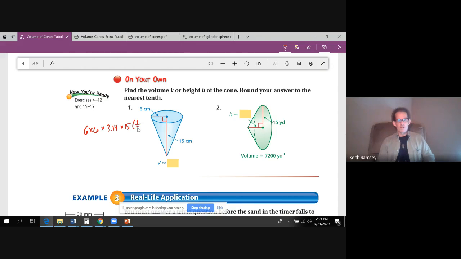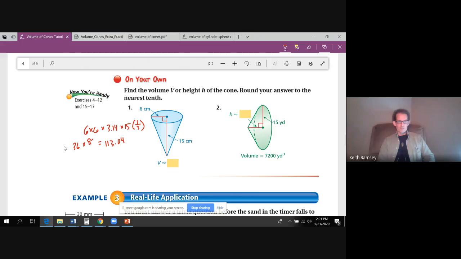So let's work that out. Here's 6 times 6 is 36 times 3.14, or times pi. So 36 times 3.14 is going to equal 113.04. Now we have to multiply it times the height.